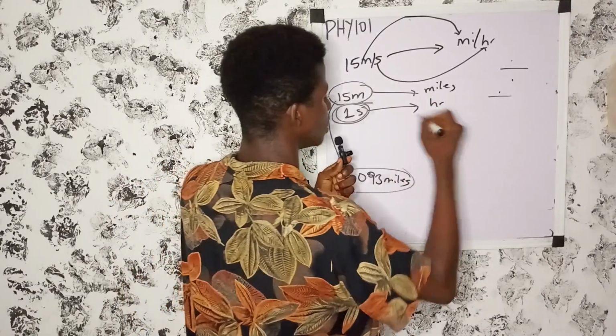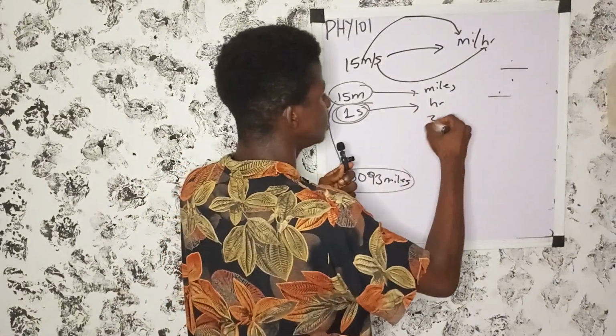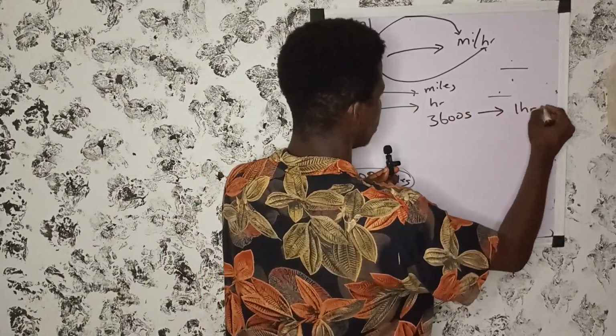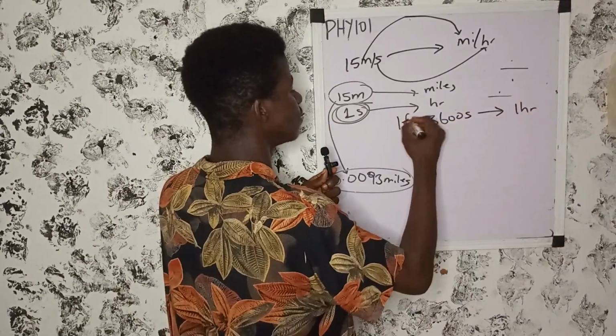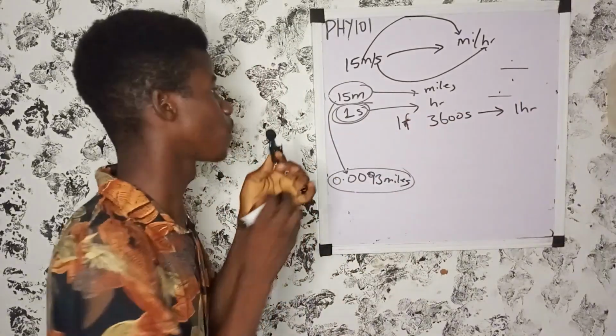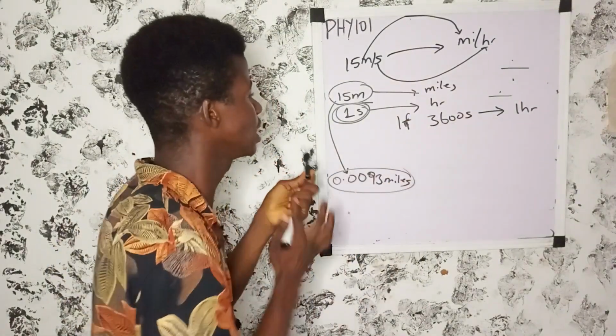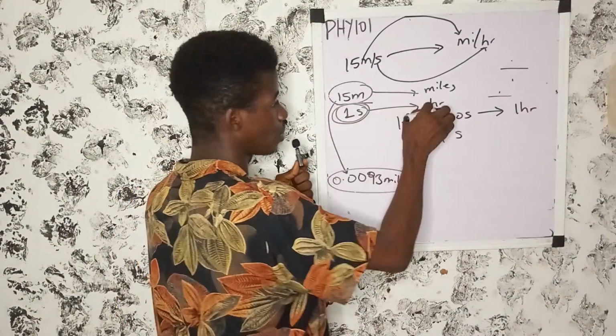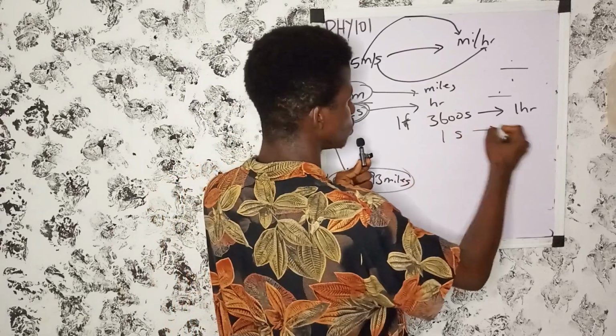I told you guys earlier that 3,600 seconds is equal to 1 hour. So if 3,600 seconds is equal to 1 hour, then 1 second will be equal to X hours.